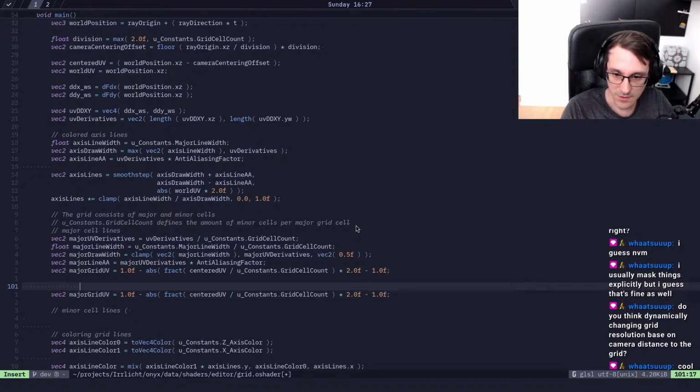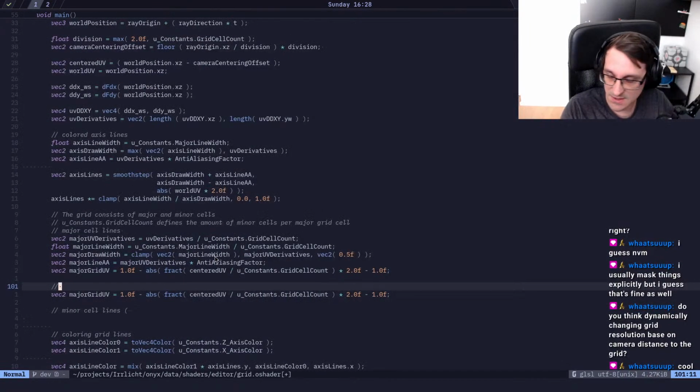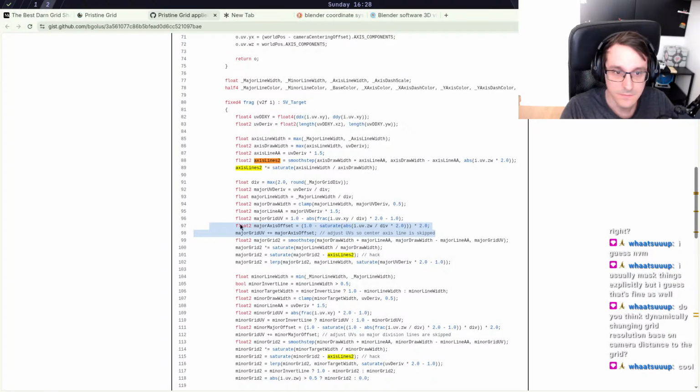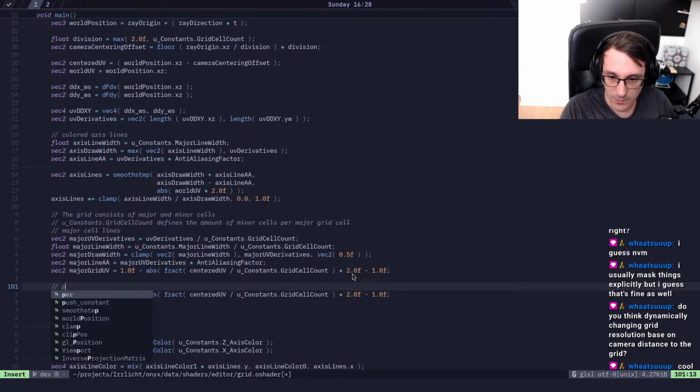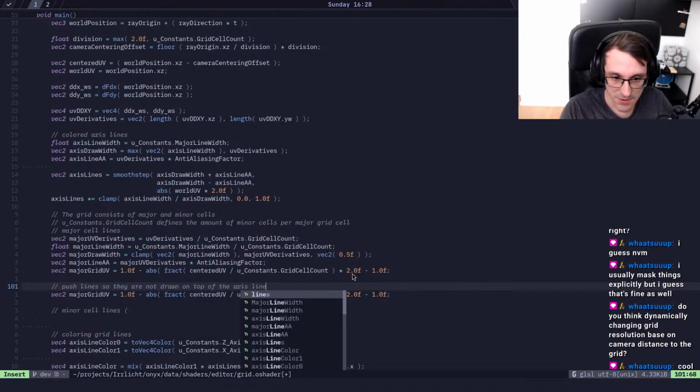And then yeah, here we need to... It's I think here, right? Exactly, adjust here the lines so that we don't draw them on top of the red and blue line, basically the axis lines.